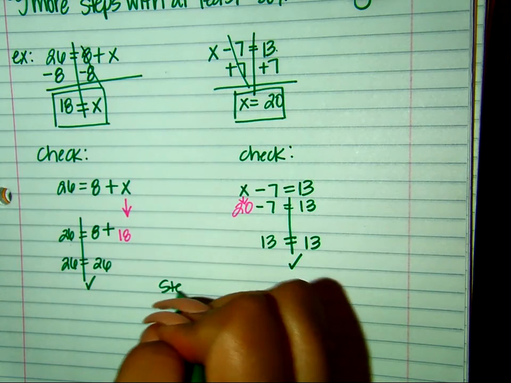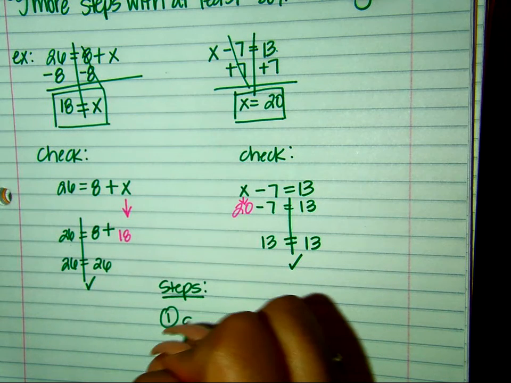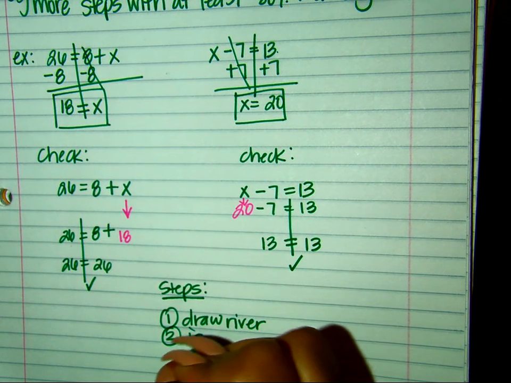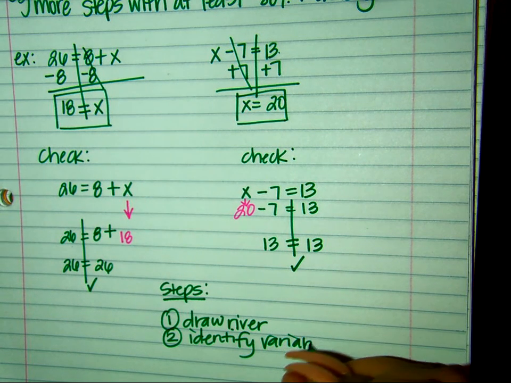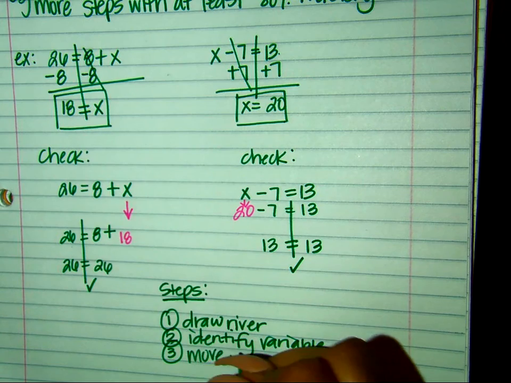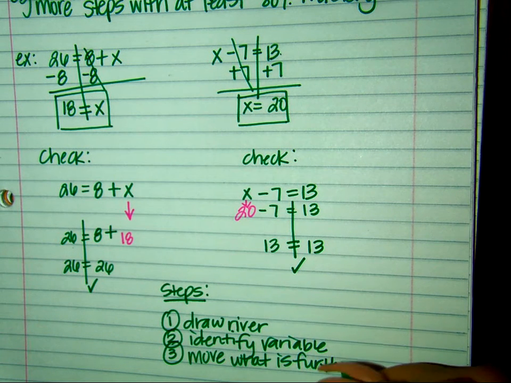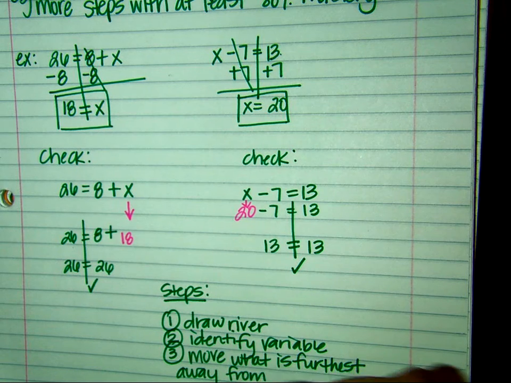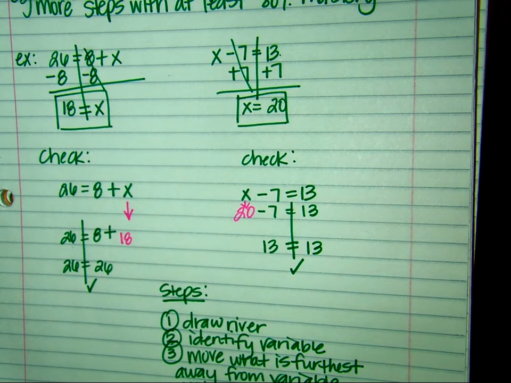So let's go ahead and write these steps down. The first thing is to draw your river. Then we want to identify the variable. And then I want to move what is furthest away from the variable using the inverse operation.